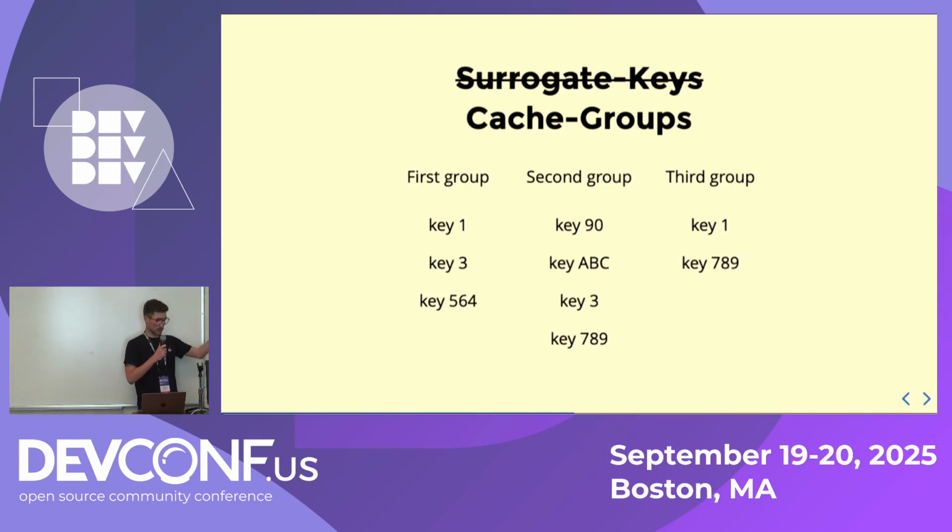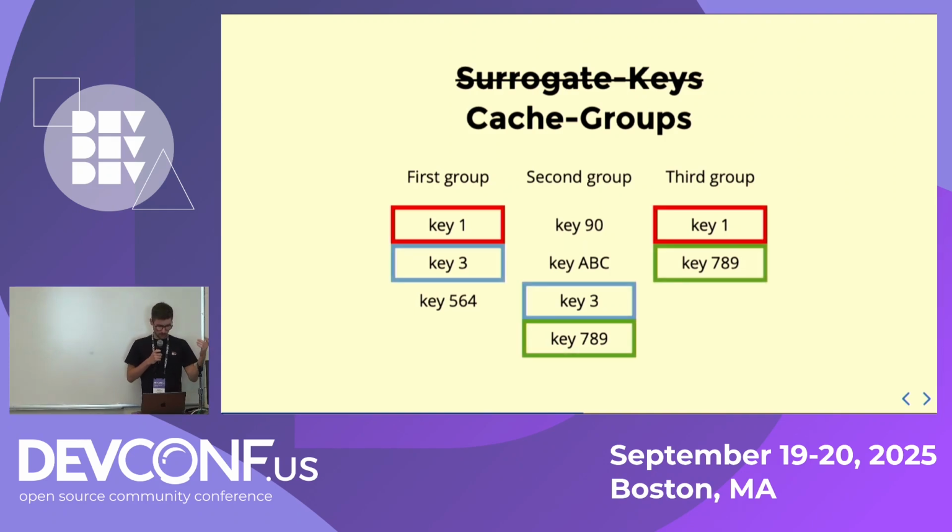Now it's called cache group, and you can invalidate by group name. In the first group you have 3 keys, in the second group you have 4 keys, and in the third you have only 2 keys. If you invalidate the first group, it will also invalidate key 1 in the third group. So you'll have only 1 key left in the third group.